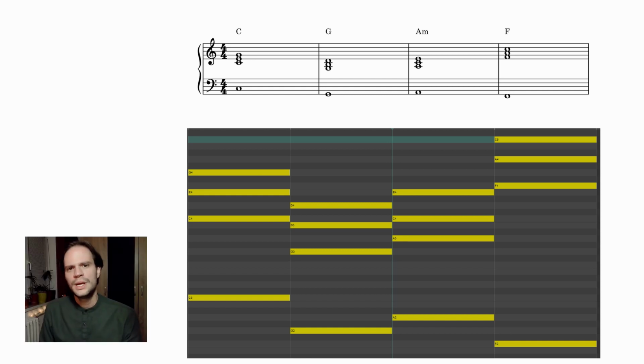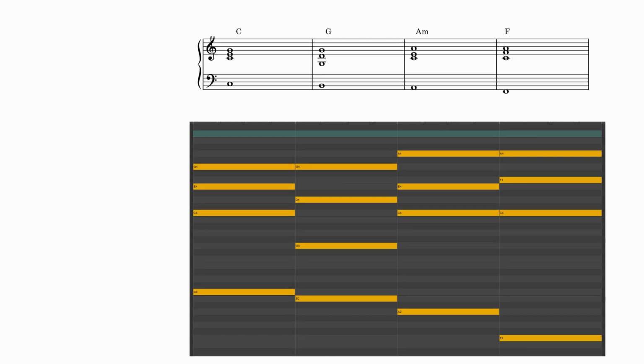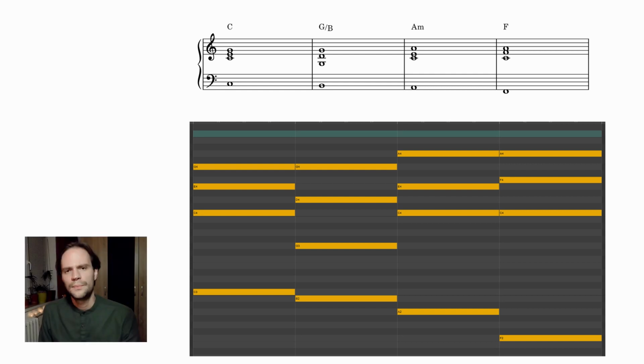What if we use the first inversion? That means that the B will be our bass note. Well, as you can see, now that will make a bass line from C to B to A. So that creates a nice connection from the C to the A minor chord.